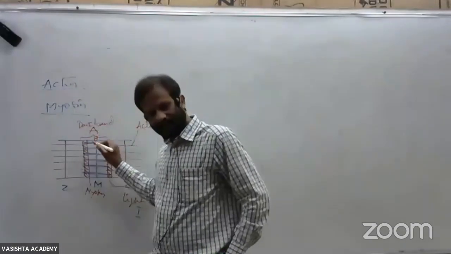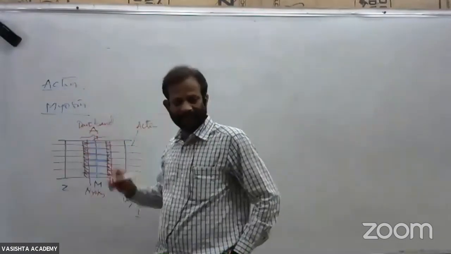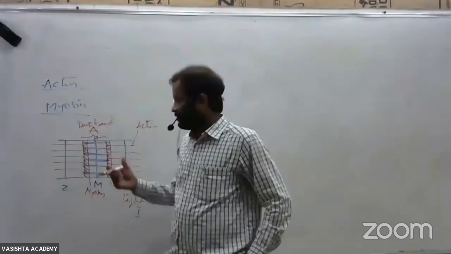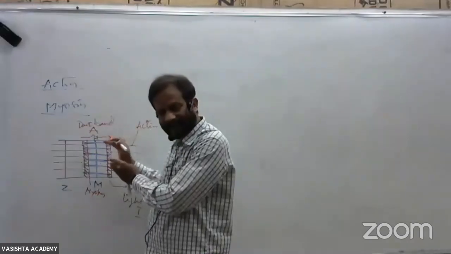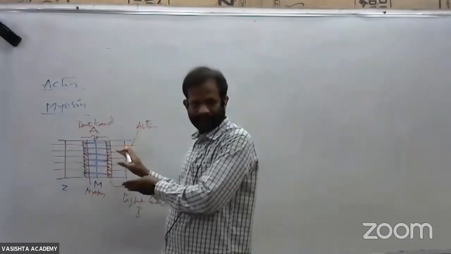The H zone is without actin filaments. So, the general pattern of the arrangement of actin and myosin filaments is like this.